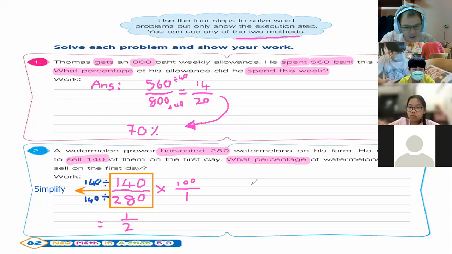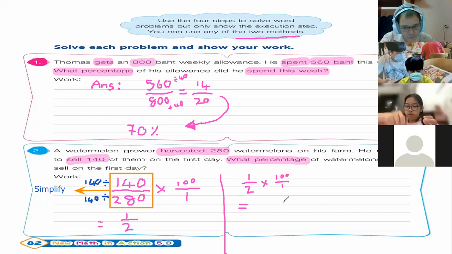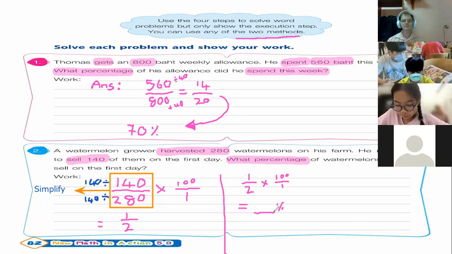And that as a percentage equals 1 over 2 multiply 100 over 1 equals what percentage? Who can tell me? What's our answer in percentage? 50.